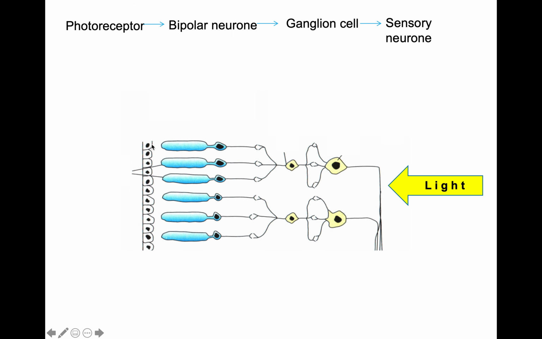Okay, so the photoreceptor cells, the rods, have a synapse with a bipolar neuron. You may notice here, though, that each bipolar neuron may be synapsed to more than one rod cell. And this is an important feature of the retina. So the bipolar neuron will form a synapse with more than one rod cell. From that bipolar neuron to the ganglion cell and then the sensory neuron.